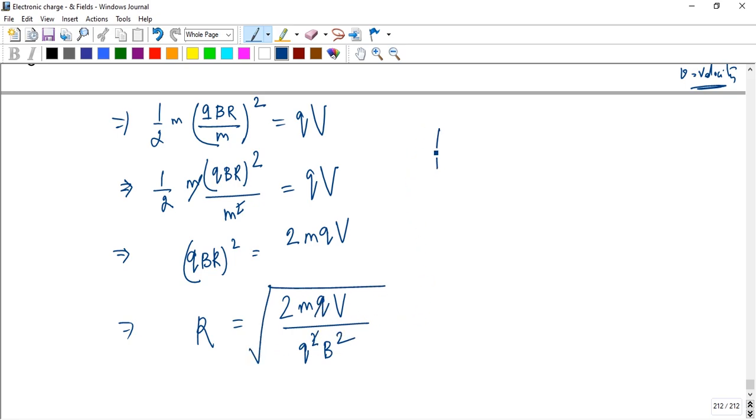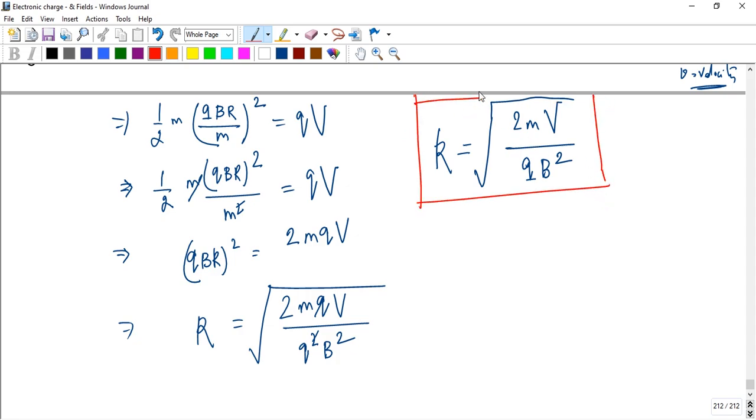So we get the final r equal to square root of 2mV by q B squared. That's the final expression of r.